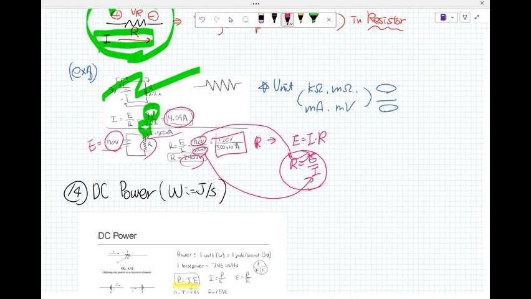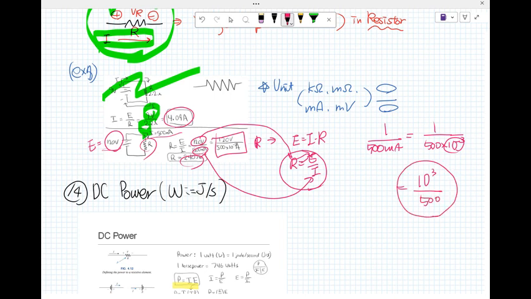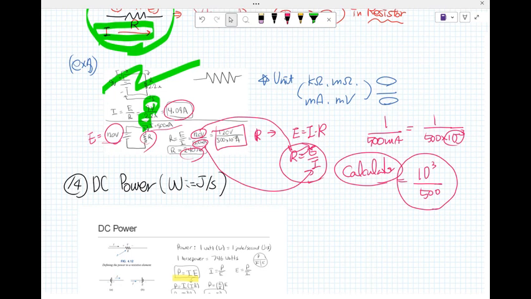To keep in mind, 500 milliamp is 500 times 10 to the minus 3. I strongly recommend you use the calculator, okay? That should help avoid mistakes.